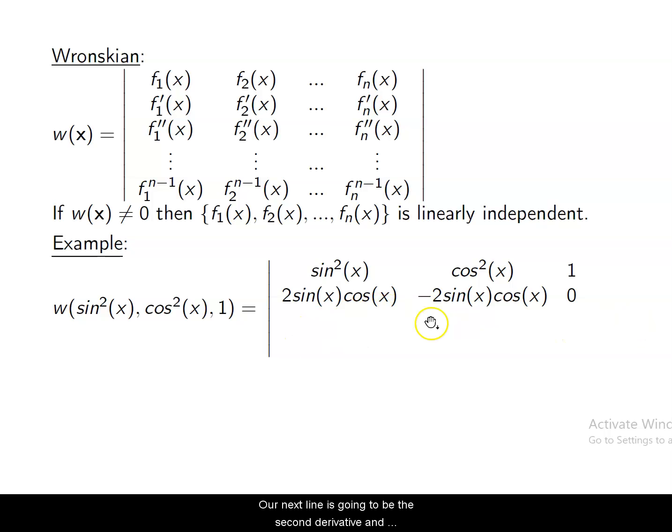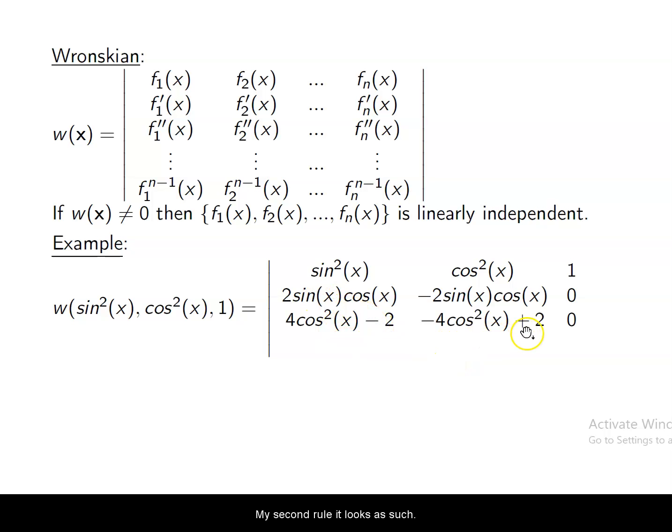Our next line is going to be the second derivative, and that's where we would stop, because then I'll have 3 rows, and I'll have 3 columns here, right? So I know I'm going this way for columns, but that's because there's 1, 2, 3 columns along the 3 rows. So my second derivative looks as such, okay?